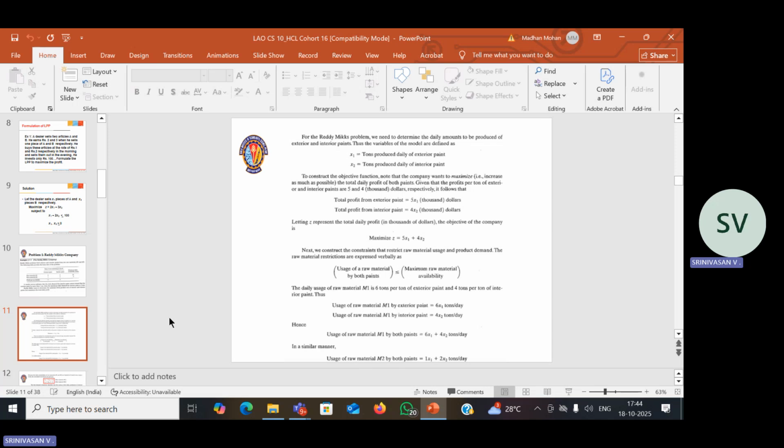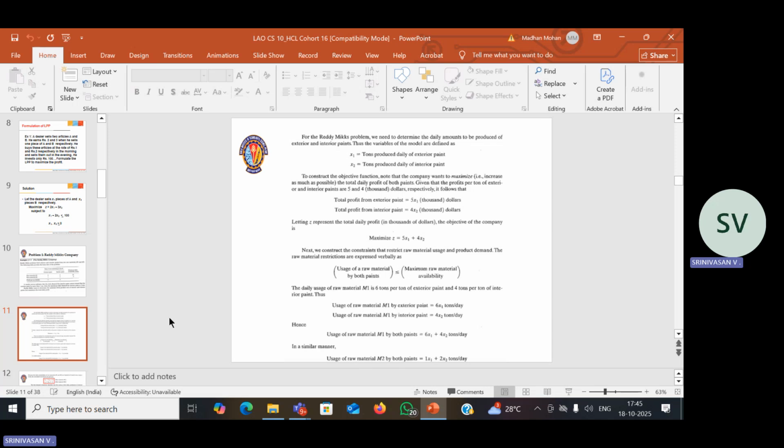So daily usage of raw material M1 is 6 tons per ton of exterior paint and 4 tons per ton of interior paint. Thus, usage of raw material M1 by exterior paint is 6x1 tons per day, and usage of raw material M1 by interior paint is 4x2 tons per day.